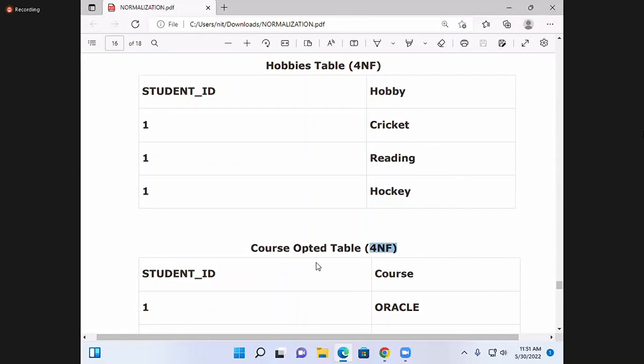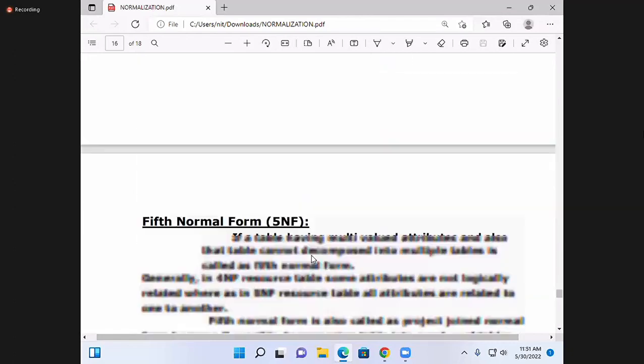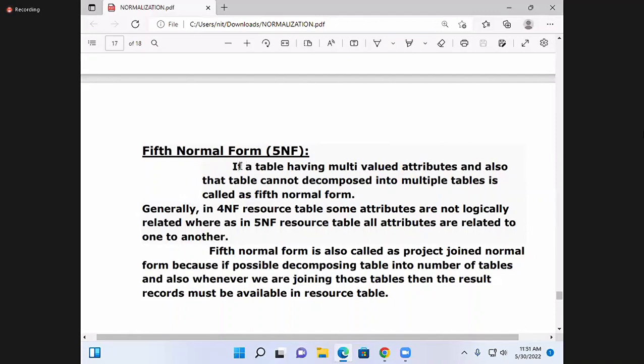So the quite opposite of your 4NF is called what now? 5NF. In 5NF, what it was telling, carefully observe: if a table has multi-valued columns, and also that table cannot be decomposed into multiple tables. Decompose means what?